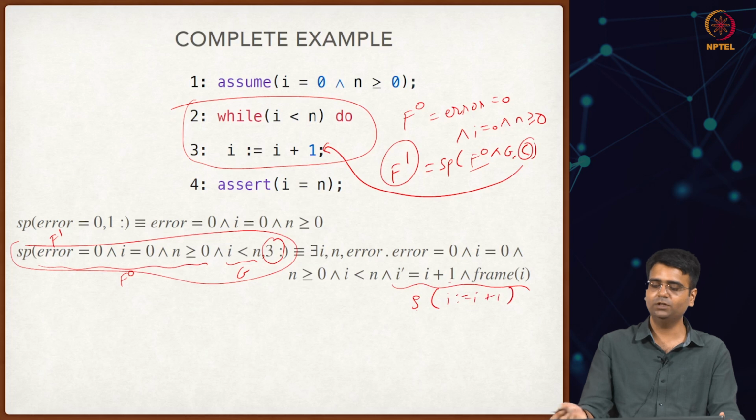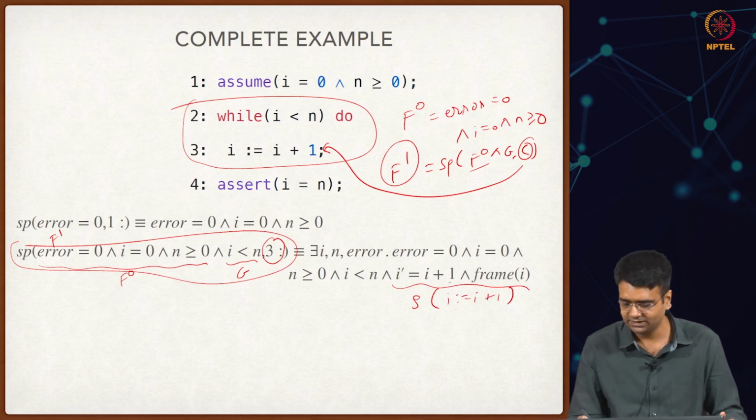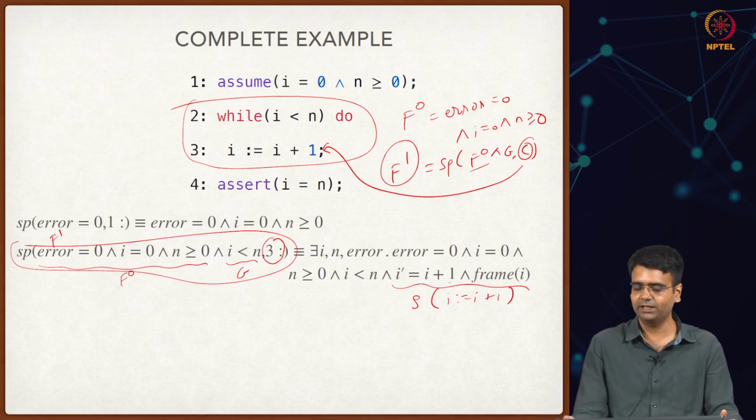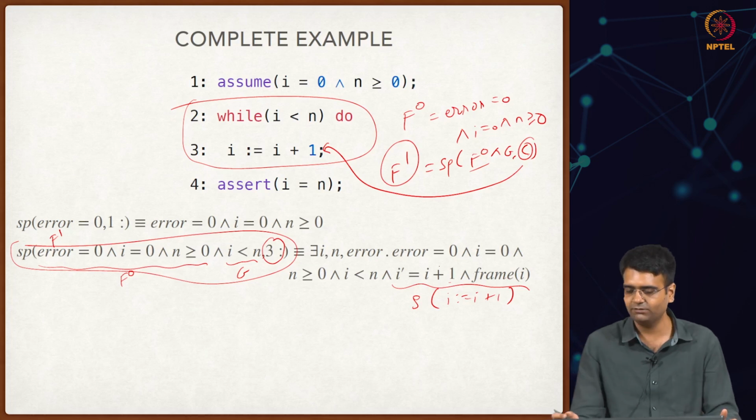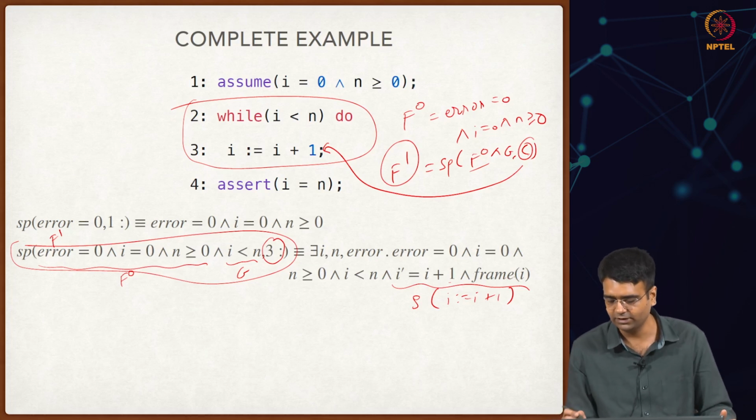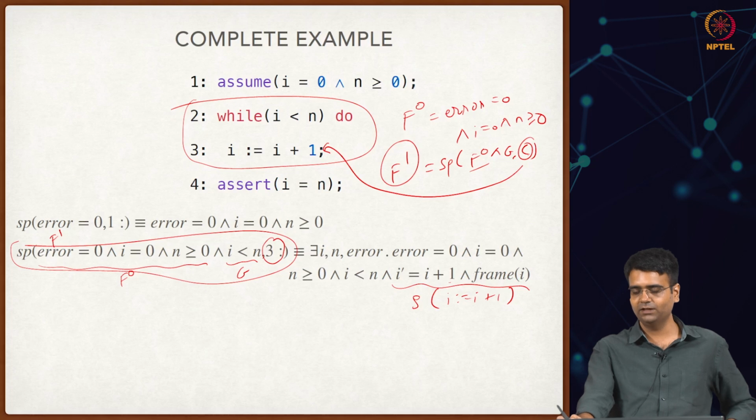This is the FOL encoding of the assignment statement, which is I prime is equal to I plus 1 and frame I. So frame I just says that every other variable retains its value. So for every other variable except I, its primed version is equal to its unprimed version.